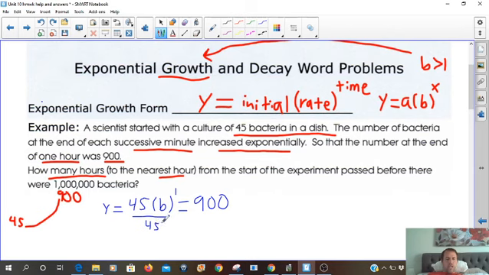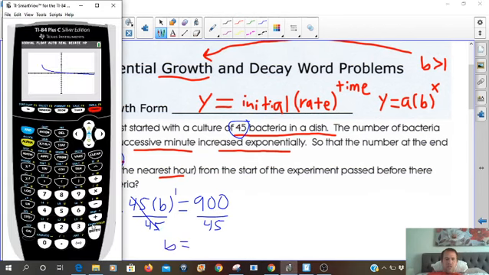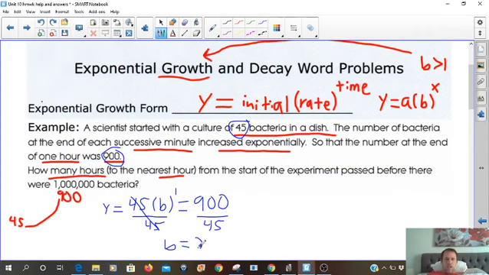And so we're going to go ahead and take 900 now, which was this number, and divide it by this number. So 900 divided by 45. And so our rate then is equal to 900 divided by 45, which is 20. Okay, so now we're looking at a rate of 20 bacteria per minute there.